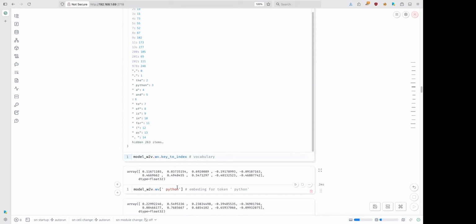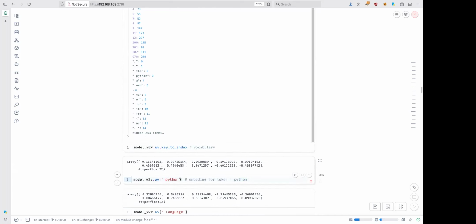You can index into it and ask, what is the word vector for the token Python? For some reason here we have a space. This is how the tokenizer works. Here we see these are our 10 numbers. This is our learned vector representation of the token space Python.